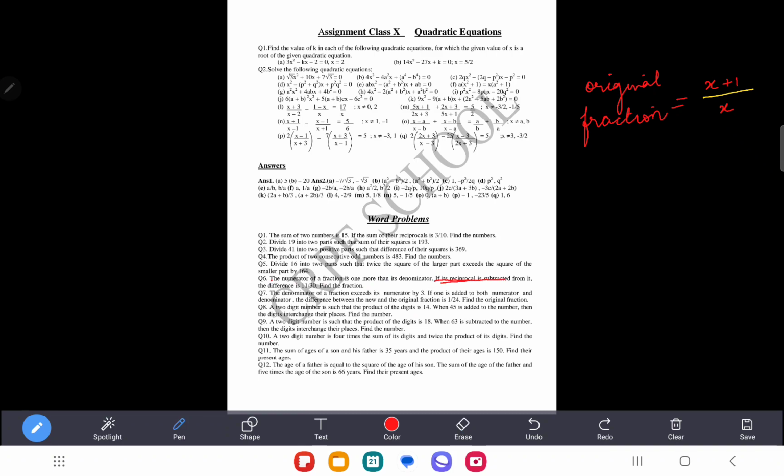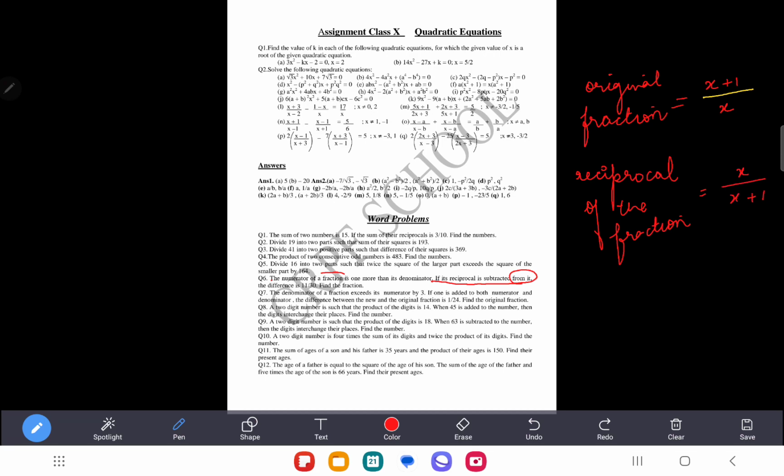It says if its reciprocal is subtracted from it, it means what? The original fraction minus the reciprocal. So what is the reciprocal of the fraction? x upon x plus 1.